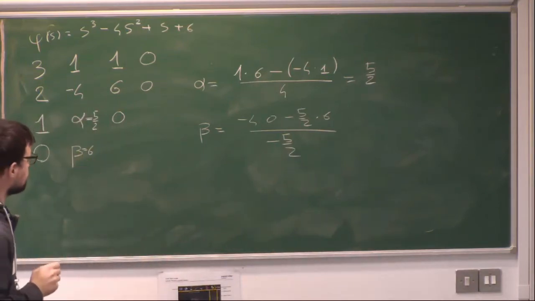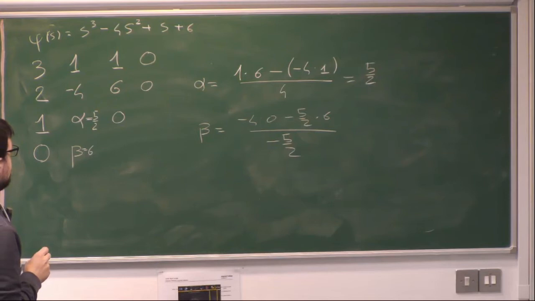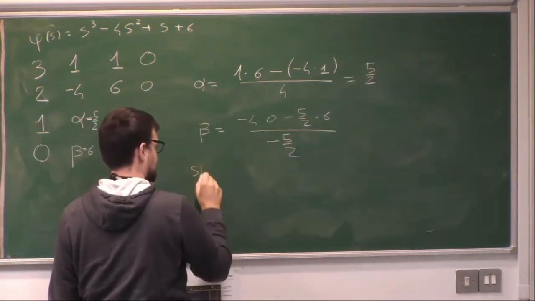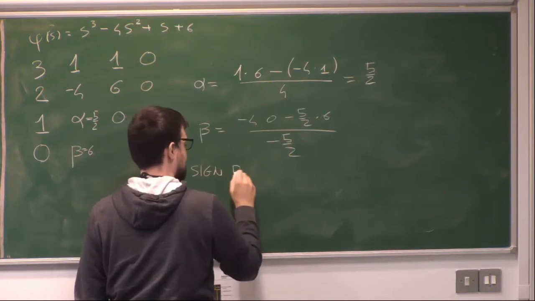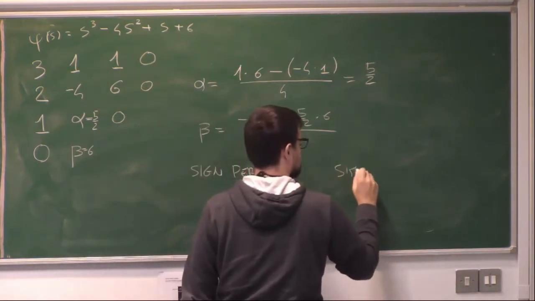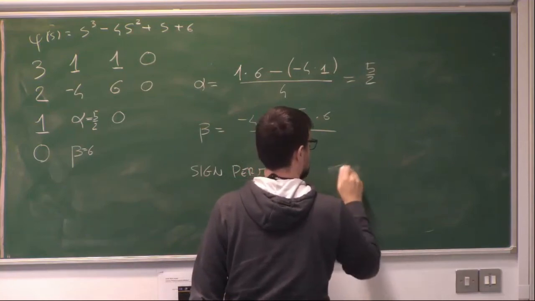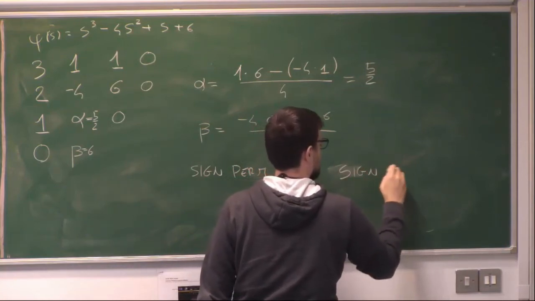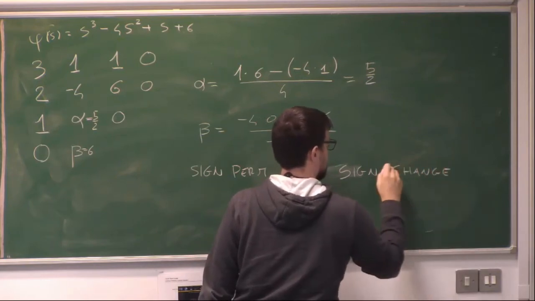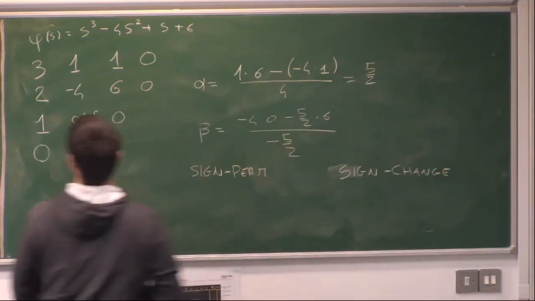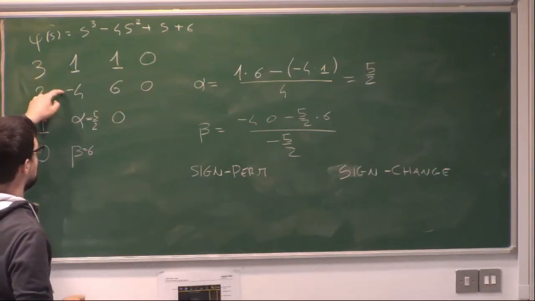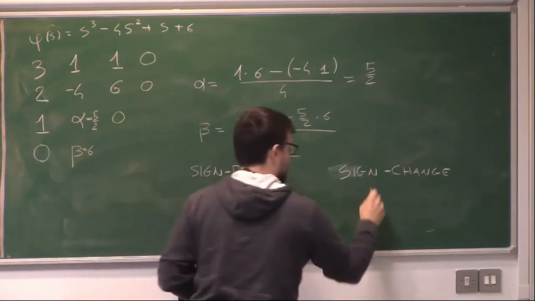Now, what are the roots of this polynomial? What we count now is sign permanence and sign changes. When we go from this line to this line, there is a sign change, so we count 1.